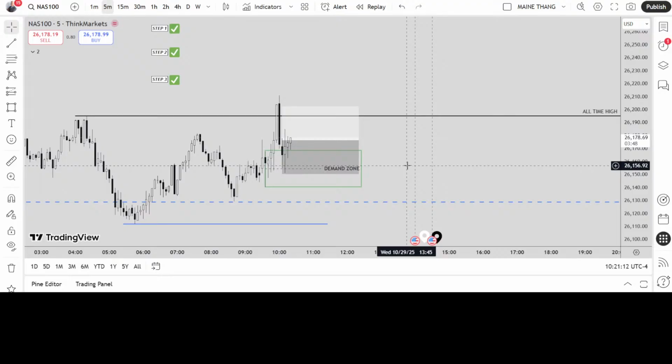Price is hanging around entry. But, God. Come on, give us a push. Don't do me like yesterday. You went halfway here and then you decide to. Nope.